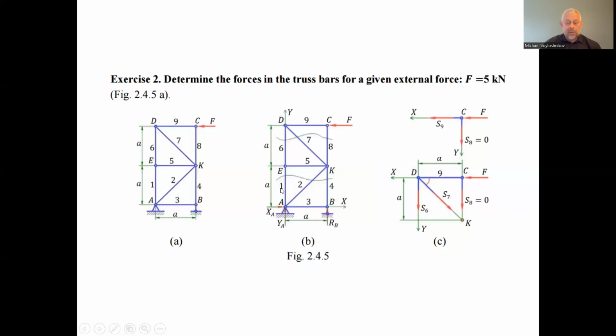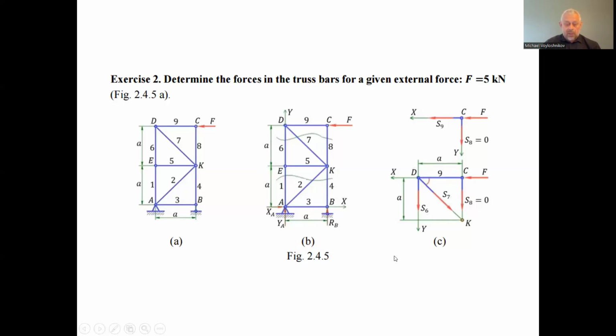We can find the forces in 1, 2, 4, considering the balance of the rest part of the section. These forces substitute for the action of the rod when we consider the equilibrium of the rest part of the section.